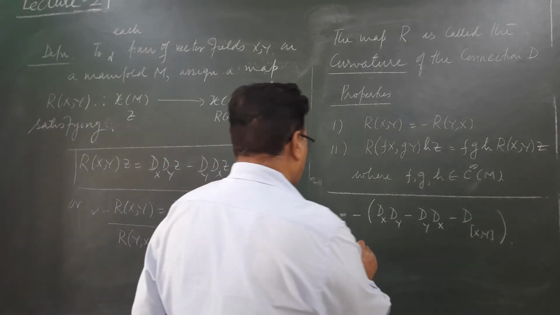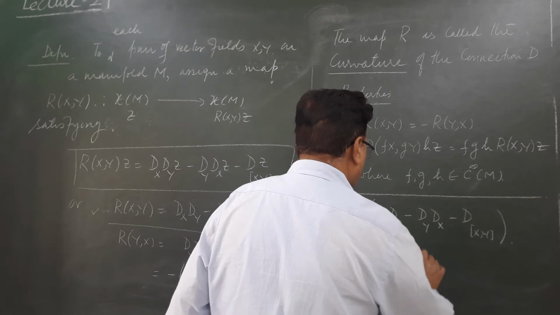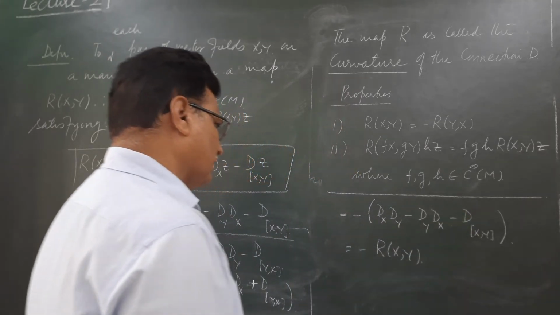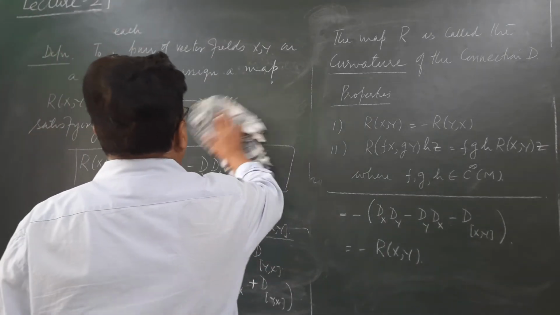Now this quantity in the bracket is R of xy. So this proves that R of yx is minus times R of xy for all x, y. So the first property is easy to check.